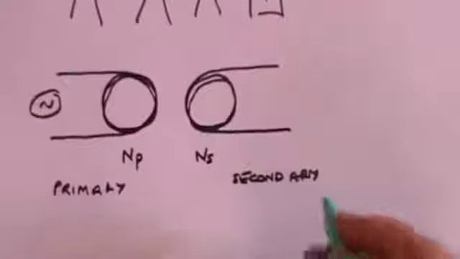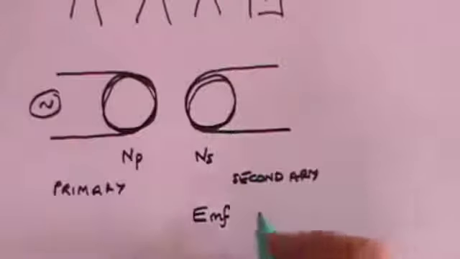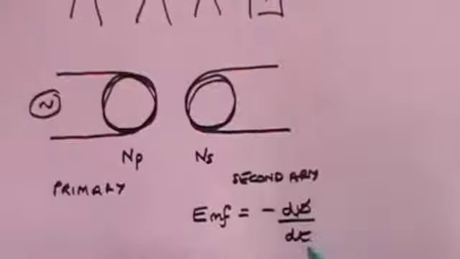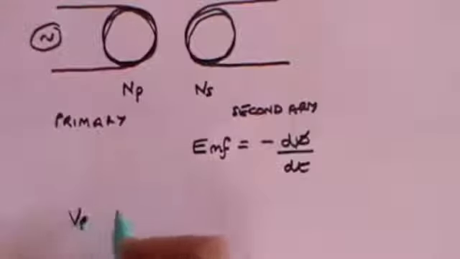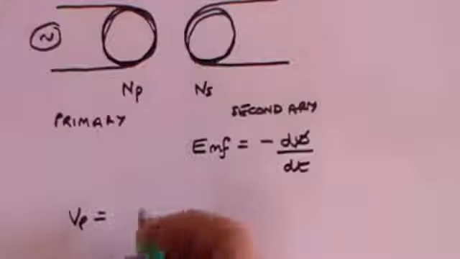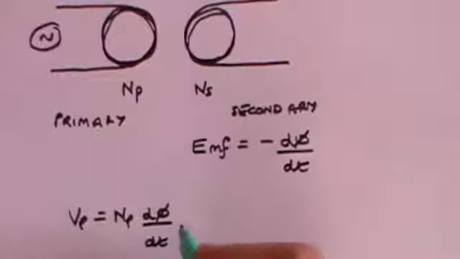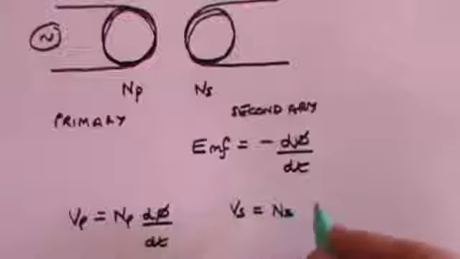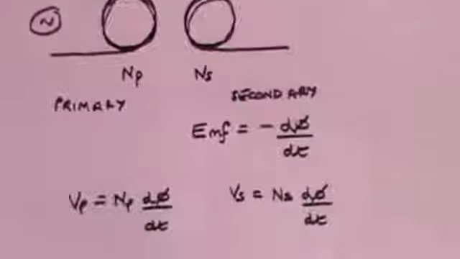And we know that the EMF in the secondary, the induced EMF, is equal to minus dφ by dt, where dφ by dt is the rate of change of flux. What we have shown before is that the voltage in the primary is equal to the number of turns in the primary times the rate of change of flux, and that the voltage in the secondary is equal to the number of turns in the secondary times the same rate of change of flux.